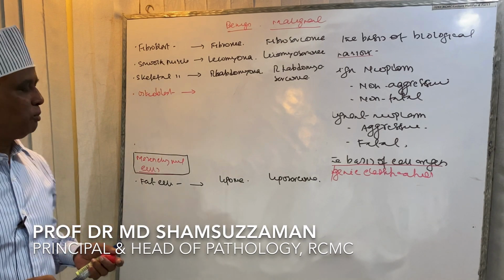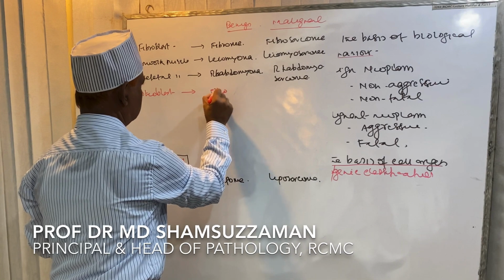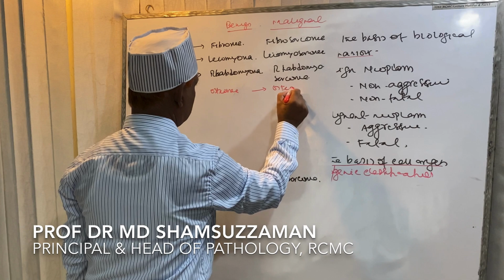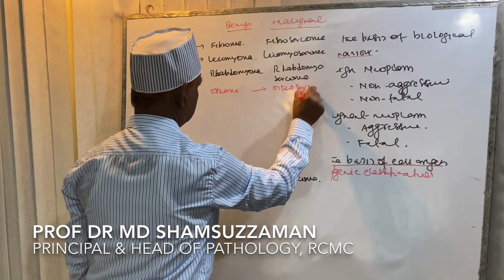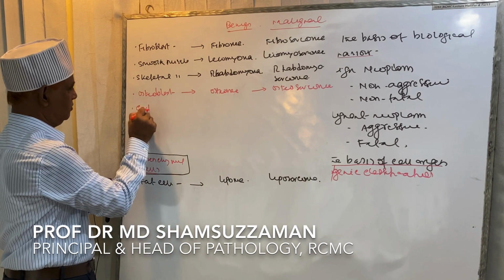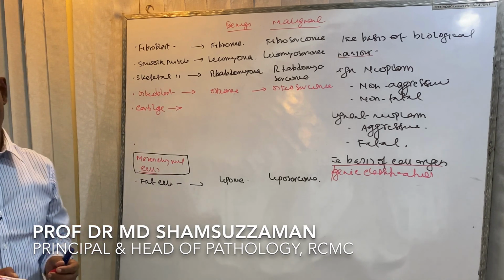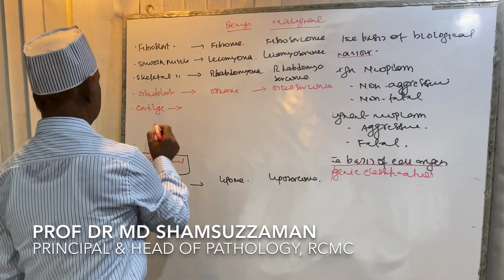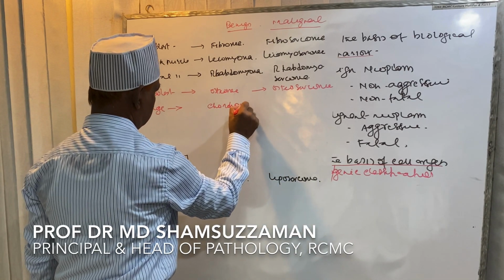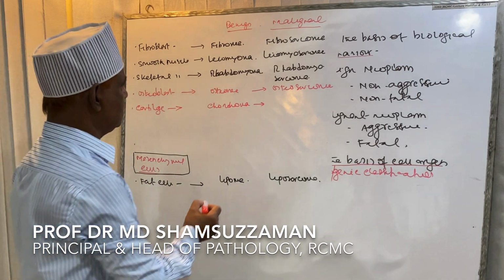The benign tumor of osteoblast is called osteoma. And malignant tumor is called osteosarcoma or osteogenic sarcoma. Cartilage. That is tumor of chondrocyte. The benign tumor is called chondroma. And malignant tumor of cartilage or chondrocyte is chondrosarcoma.